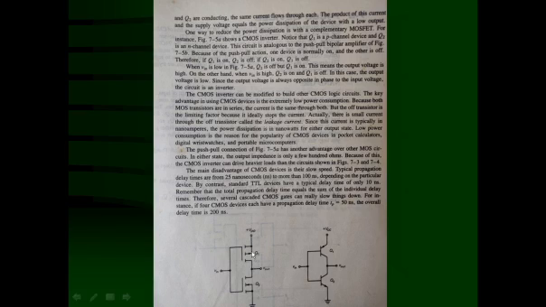If one of the switches is open, the current between the drain and source is very few nanoamperes, because of leakage current or minority charge carriers only. The power dissipation is nothing but voltage multiplied by this nanoampere current, so the power dissipation comes in the form of nanowatts. That is the advantage of CMOS technology.